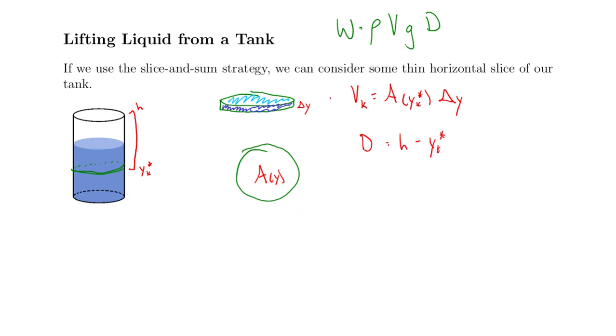So what that means is that the work for the kth slice is going to be rho for density, g for gravity. Then we need our volume. So I'll say A of y sub k star times delta y times our distance, which is h minus y sub k star.